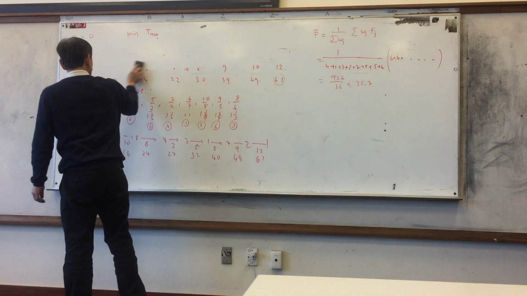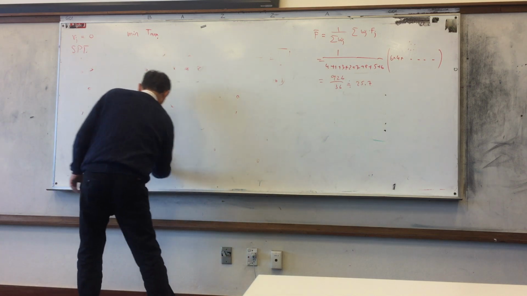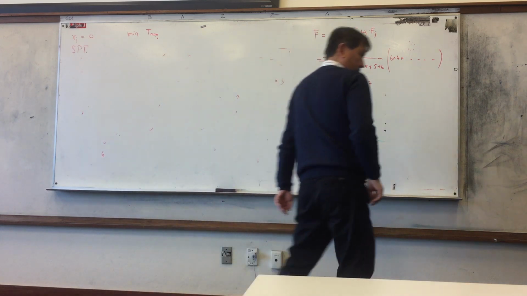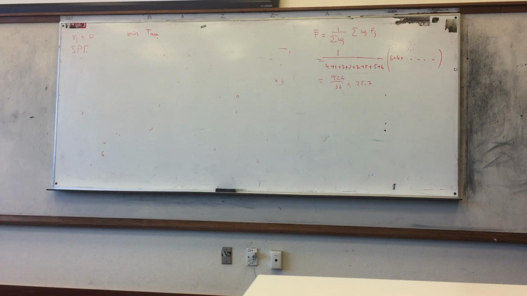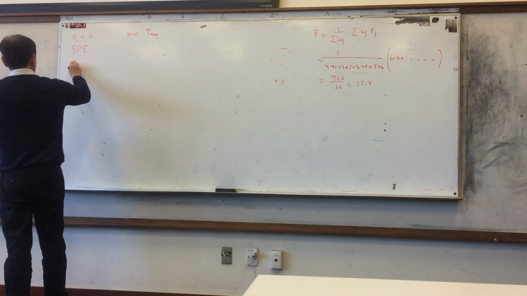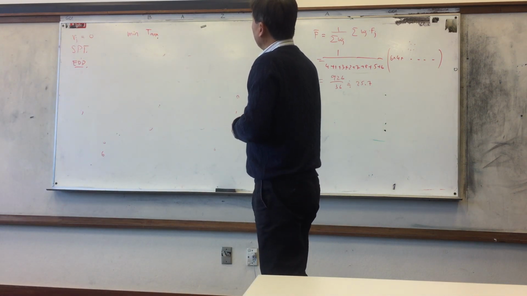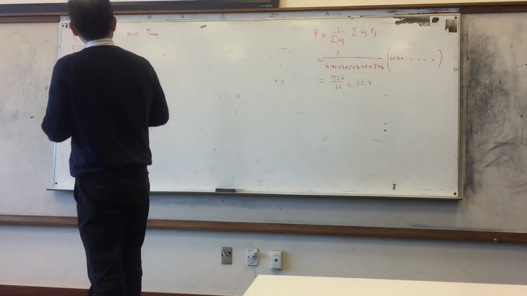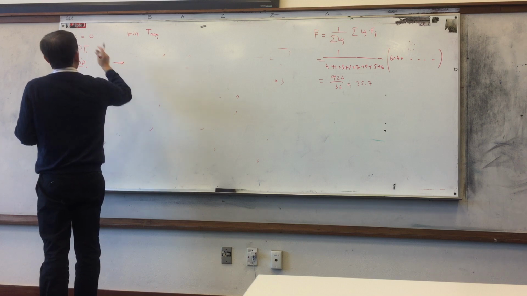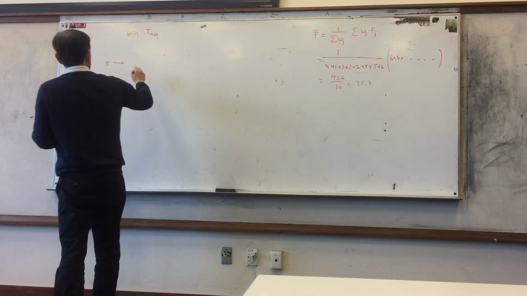So for the earliest due date, I'm going to use EDD. The earliest due date is job 5 first, then job 4, so 5 and 4.